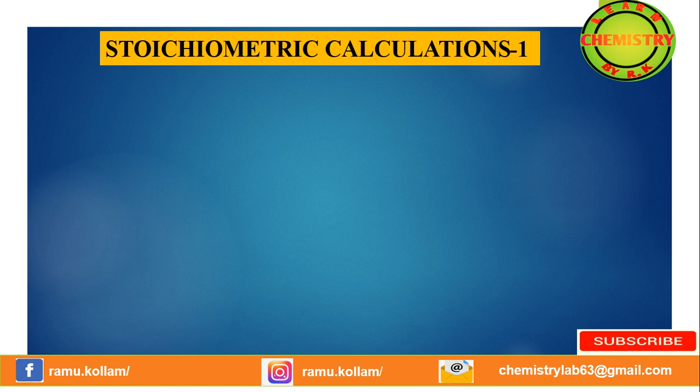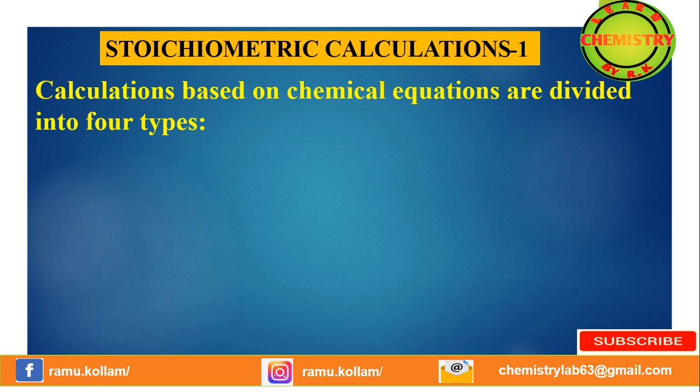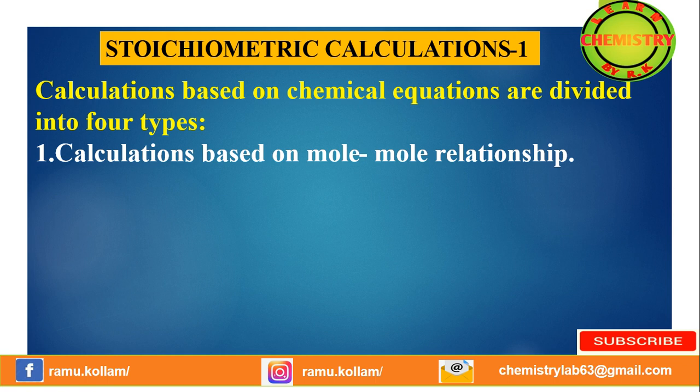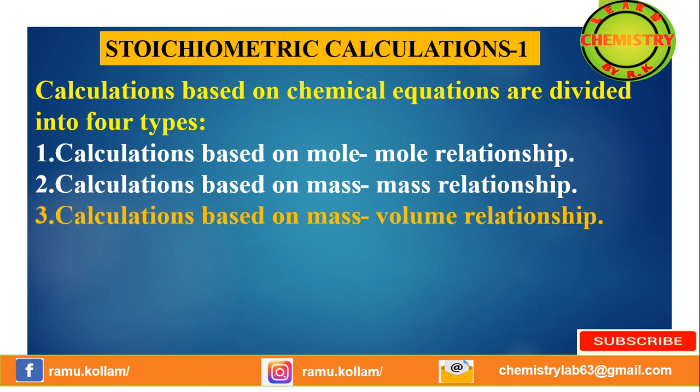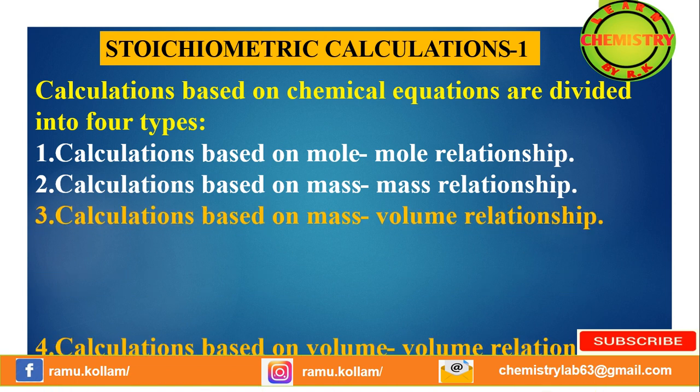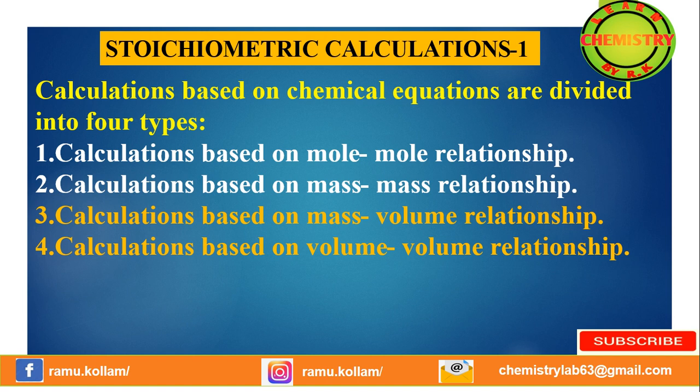Today we are going to learn about stoichiometric calculations part 1. The calculations of reactions are divided into many types, but here we are discussing the important ones. Calculations based on chemical equations are divided into 4 types: calculations based on mole-mole relationship, mass-mass relationship, mass-volume relationship, and volume-volume relationship.